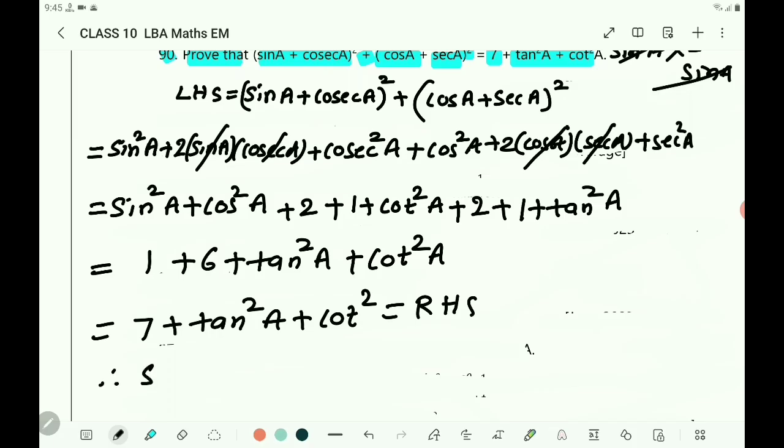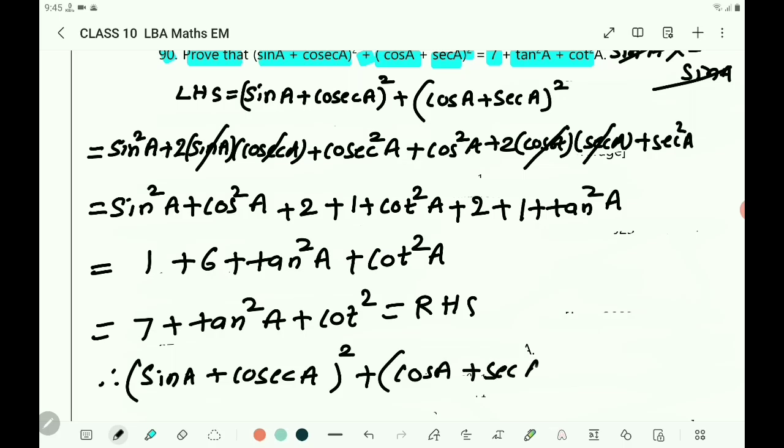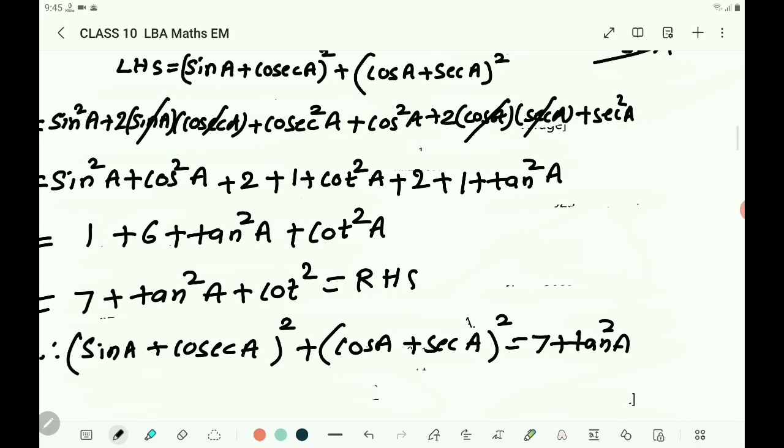Therefore you can write sin A plus cosec A whole square plus cos A plus secant A whole square equals 7 plus tan square A plus cot square A.